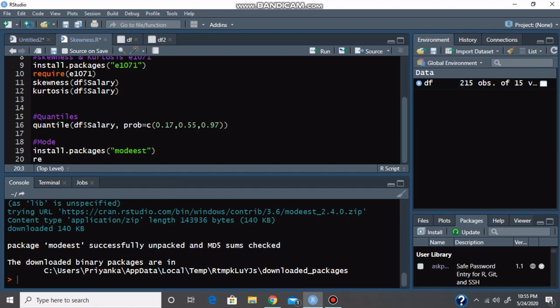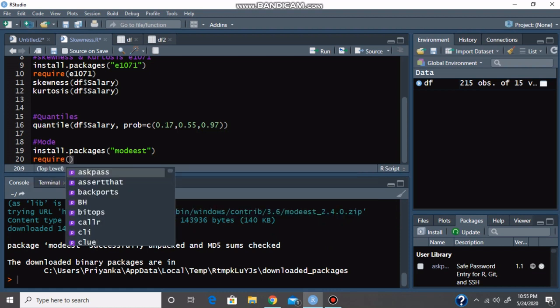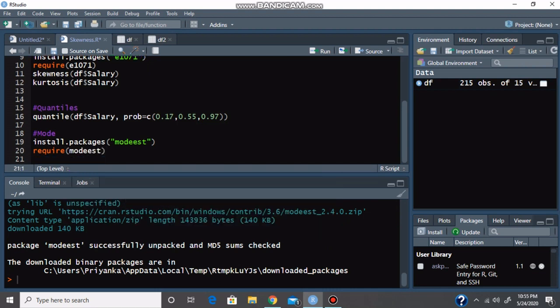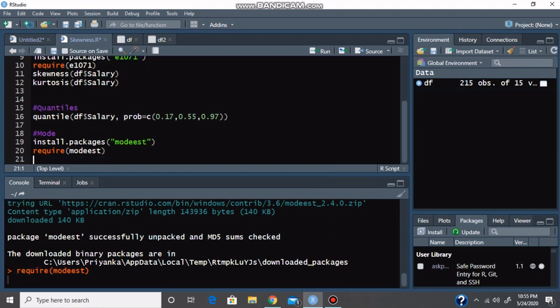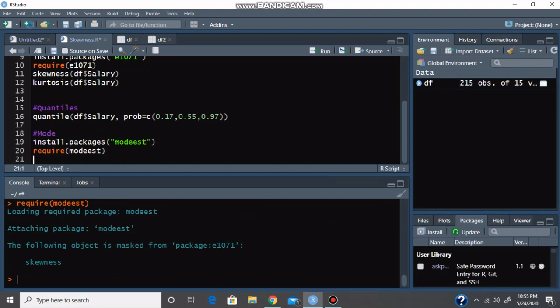Now to use the package, I need to put it in the require function, and I'll just put modeest. The loading is completed, and you can see here that it says loading required package modeest, and the mode function has been masked.